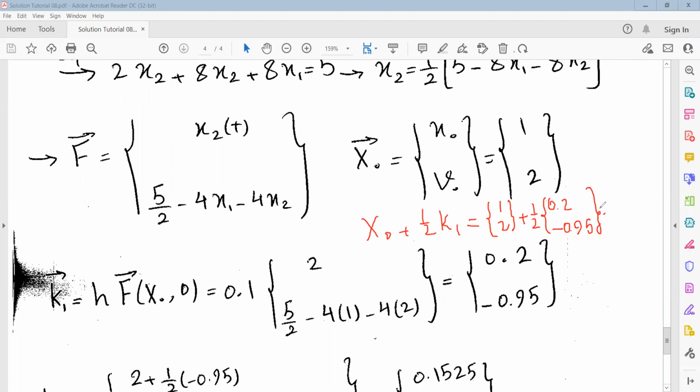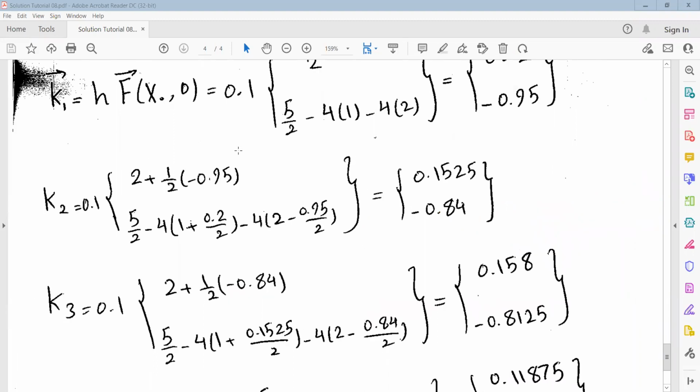So this is equal to the next x1 and x2 that we will use to calculate k2. So this time, instead of this x2, we should substitute 2 plus half multiplied by minus 0.95, and instead of x1 we should substitute 1 plus half multiplied by 0.2. So this is to calculate k2. As you can see here, I substitute.